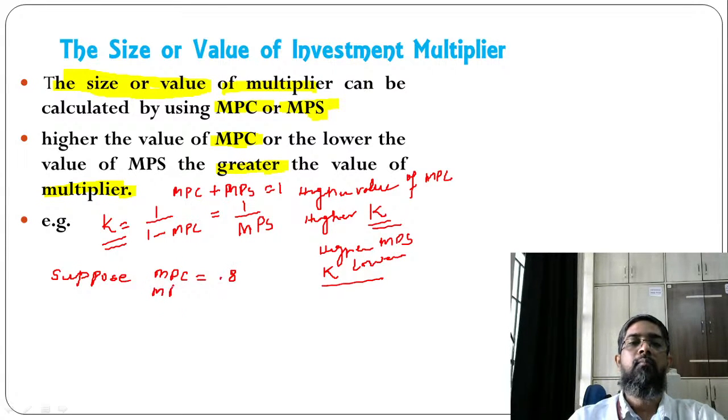So MPS will be how much? 0.2 only. Okay? So calculate the value of k. k will be equal to 1 upon 1 minus 0.8.